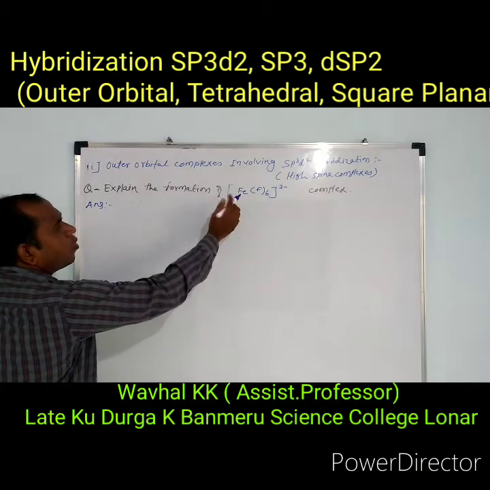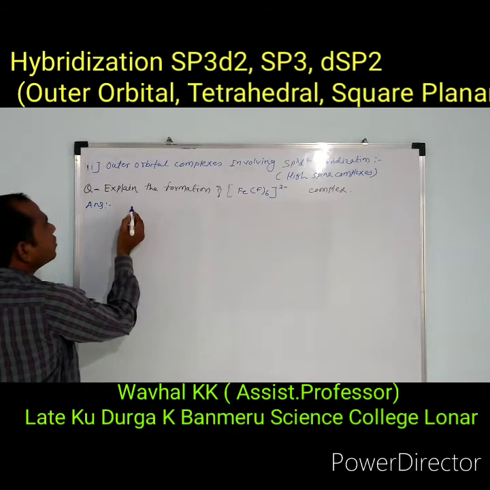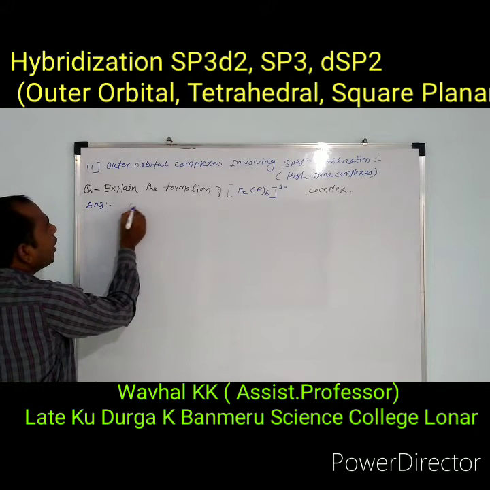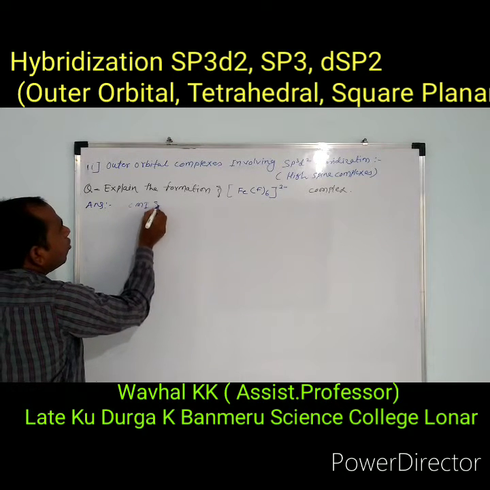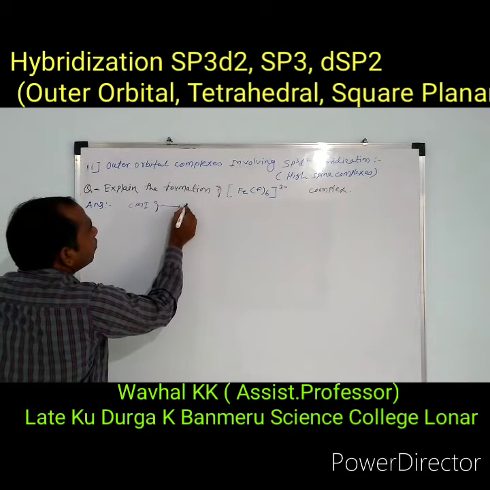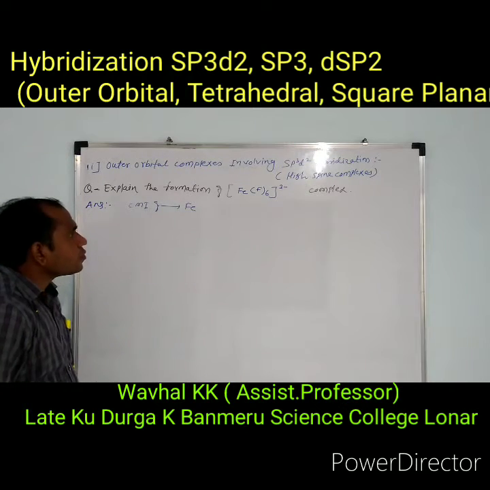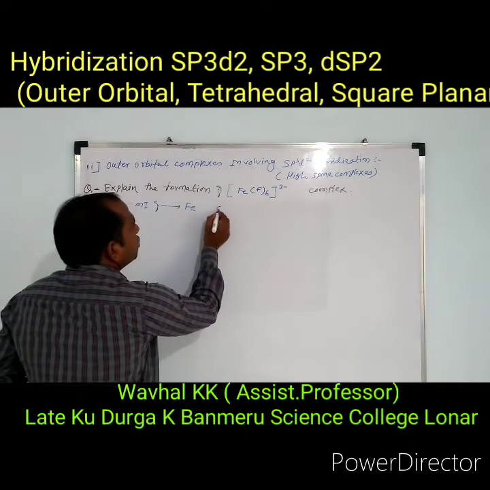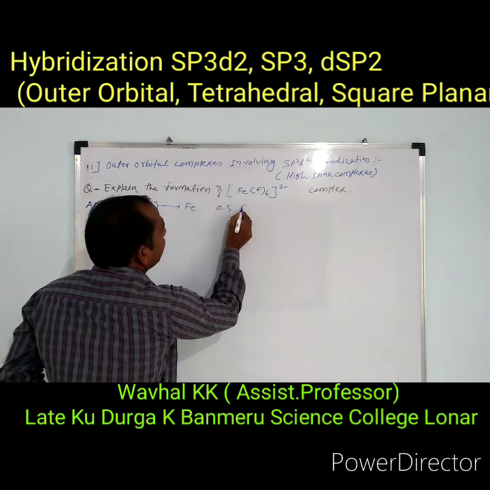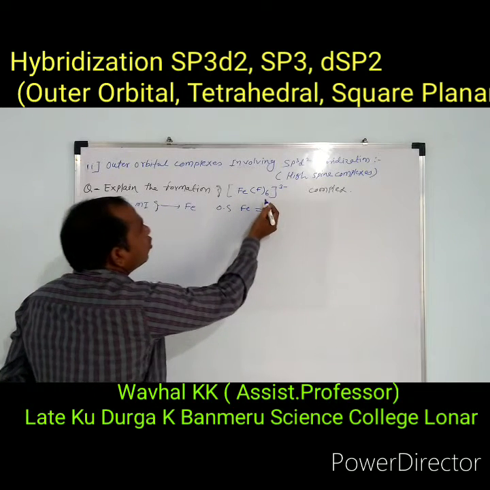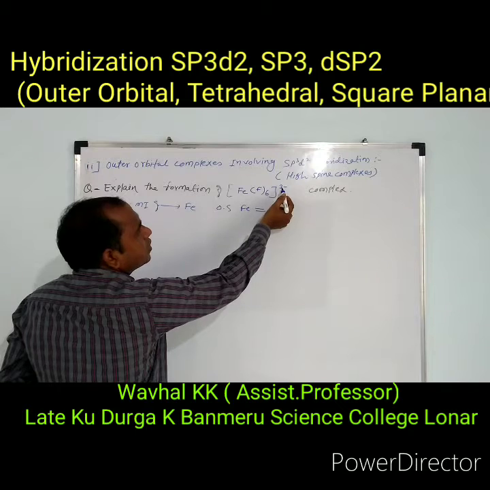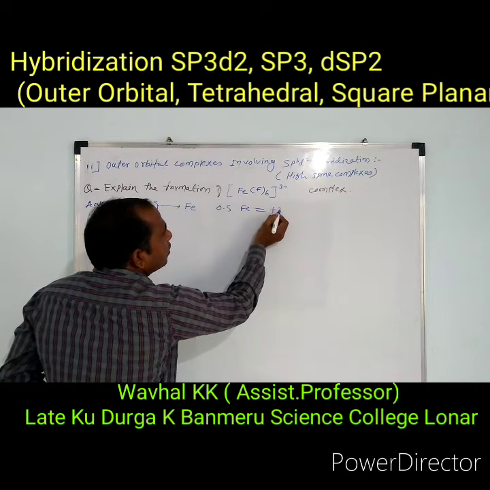Name of the central metal atom: the central metal atom of this complex is iron. Then the oxidation state of Fe is equal to 6 minus 3, that is, plus 3.